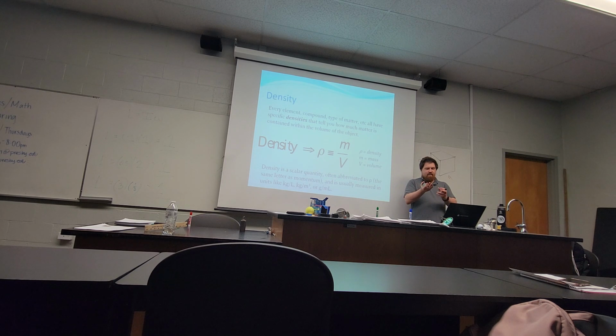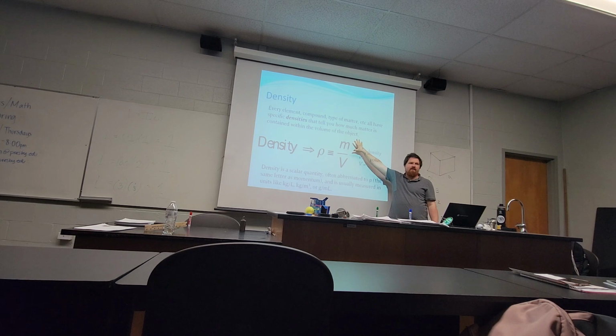So if I had twice the volume of iron, its mass should double as long as the density stays the same, because it's the same type of material. Does that sound all right? So volume is a part of density, and therefore volume and density combined end up determining the mass of something.